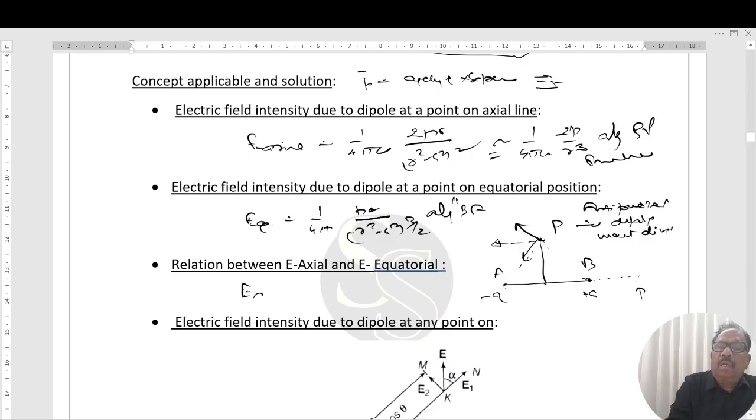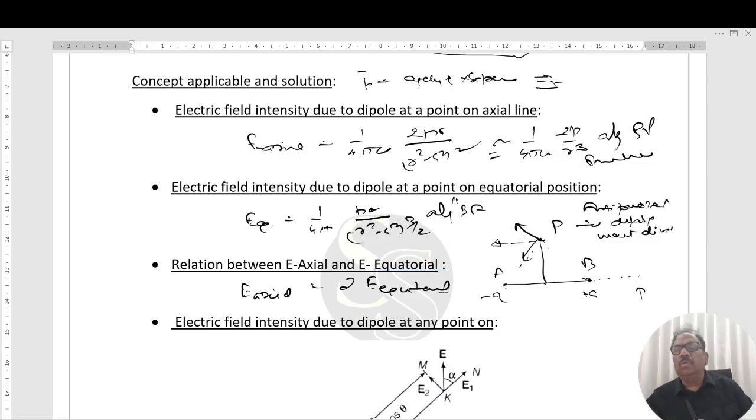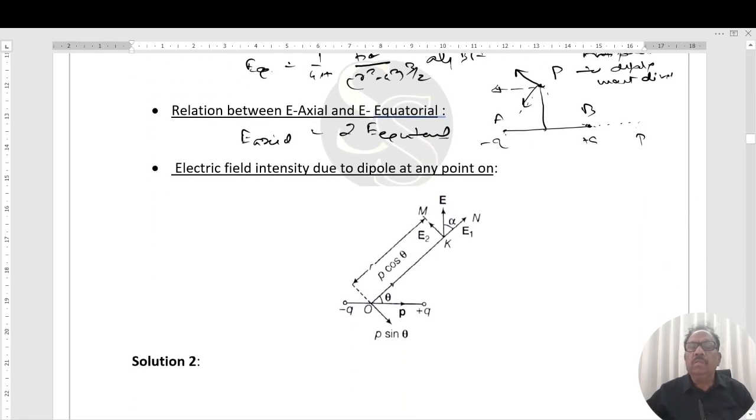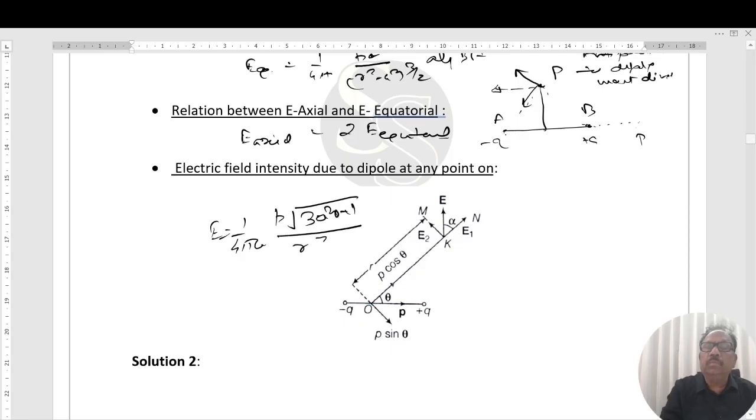E axial is equal in magnitude to twice E equatorial, right? Now, at any point it is given by E equal to 1 over 4 pi epsilon naught, P under root 3 cos square theta plus 1 divided by R cube, right?